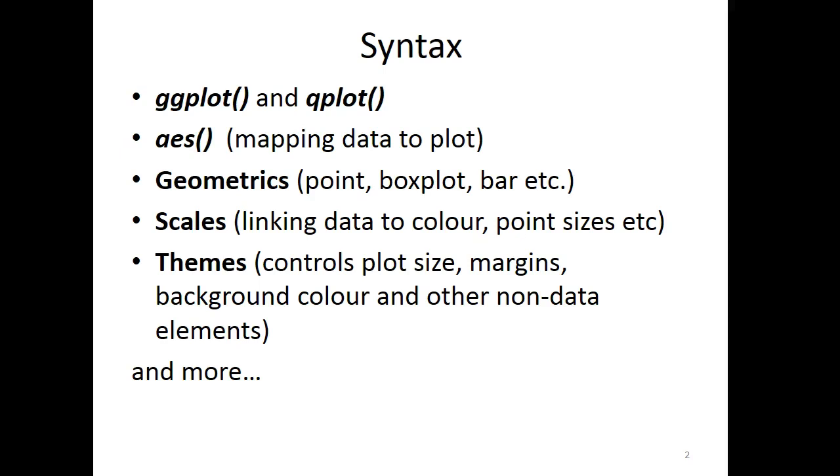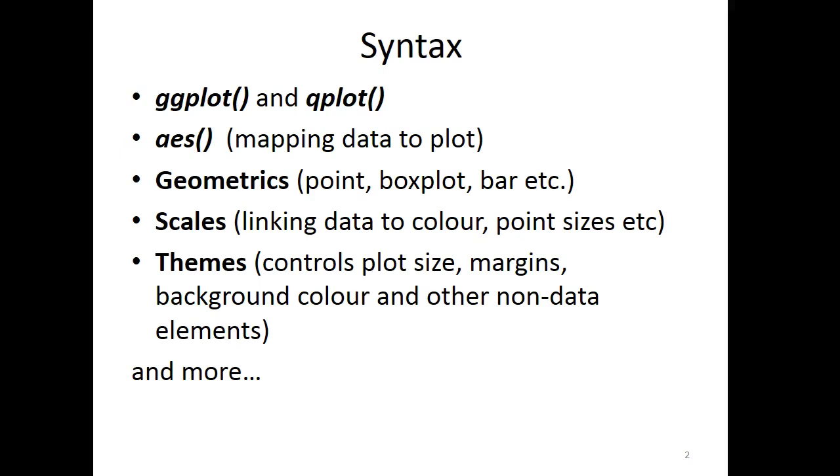You then add different layers. One such kind of layer is the geometrics. The geometrics are layers that tell what kind of plot you're making, like, for example, the scatter plot, box plot, bar plot.